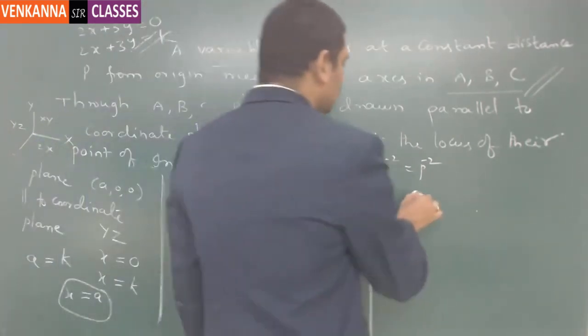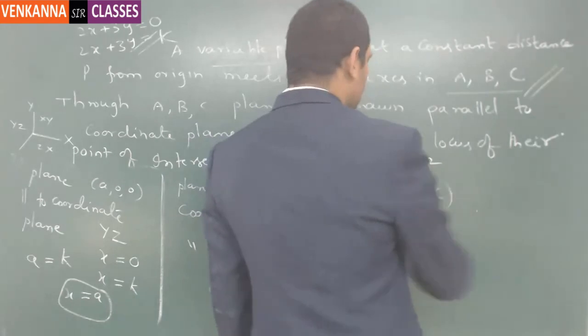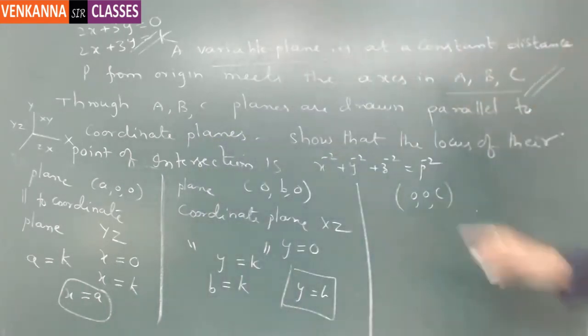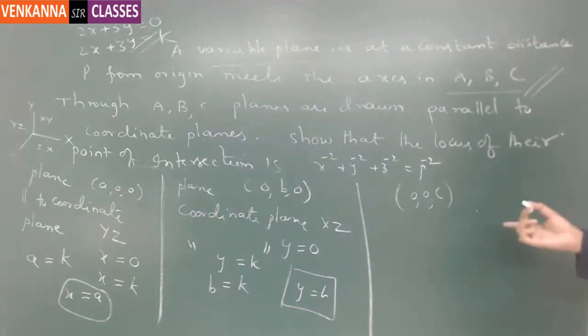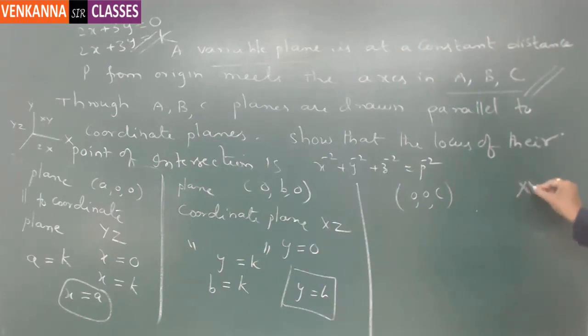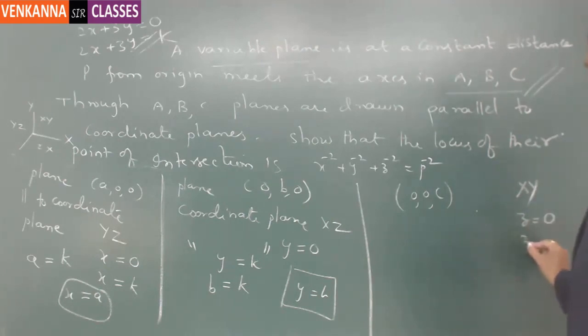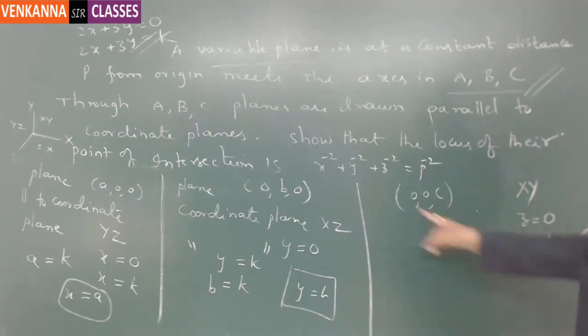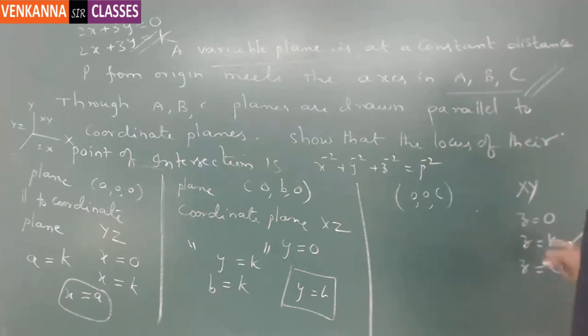Similarly, for the third, you are going to find a plane equation passing through the point (0, 0, c) and parallel to the coordinate plane, the xy plane, whose equation is nothing but z is equal to 0. So the required plane equation is nothing but z is equal to k. In this, if you substitute (0, 0, c), you will get z is equal to c.